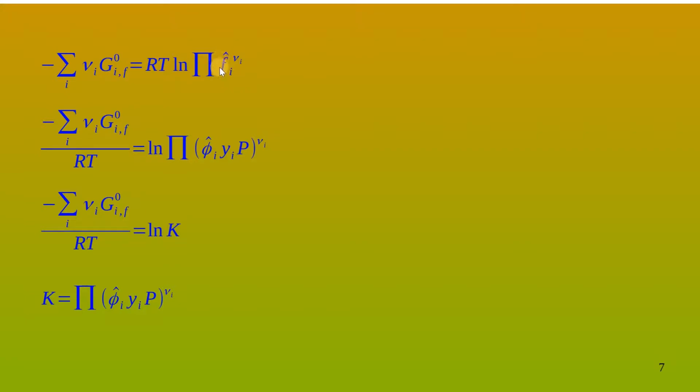Therefore, here it is nothing but Fi divided by 1 atmosphere, the whole raised to nu i. Therefore, each and every term which is a fugacity and which is divided by 1 atmosphere is dimensionless. And that makes K dimensionless.